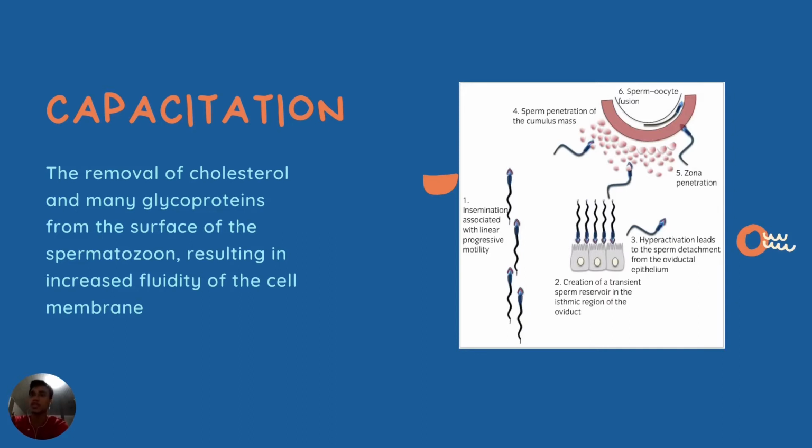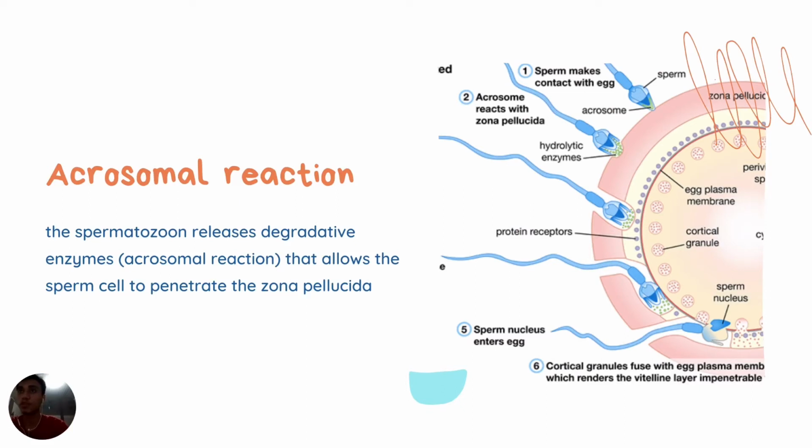Capacitation, which commences in the uterus, is completed in the isthmus. The spermatozoon releases degradative enzymes that allow the sperm cell to penetrate the zona pellucida. This is called the acrosomal reaction.